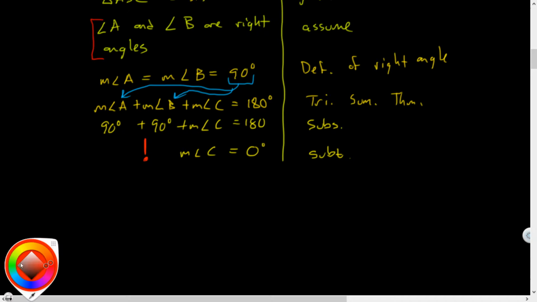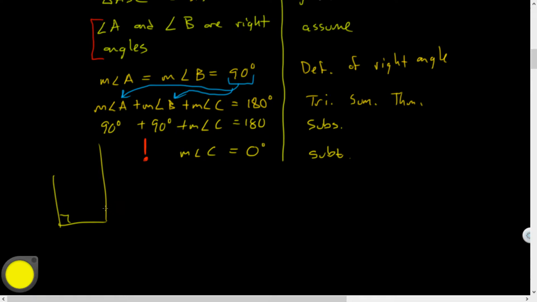You should draw the triangle. Yeah, it would be two 90-degree angles, and then the 0-degree angle for the other one. So that doesn't work out. That's impossible. So I would say a triangle can't have an angle measure of 0 degrees.